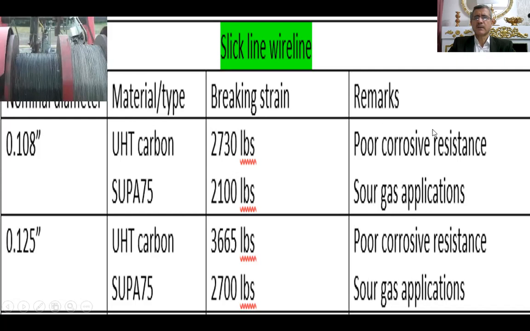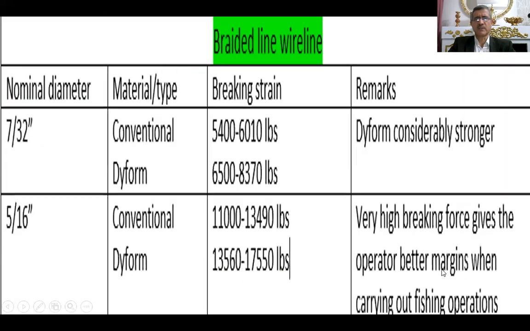But here, remarks, we have poor corrosion resistance, while here it has to work in sour gas applications. 0.125, also the same, carbon steel and stainless steel. You see carbon steel has higher breaking strain than stainless steel. Also, poor corrosion resistance and sour gas applications.